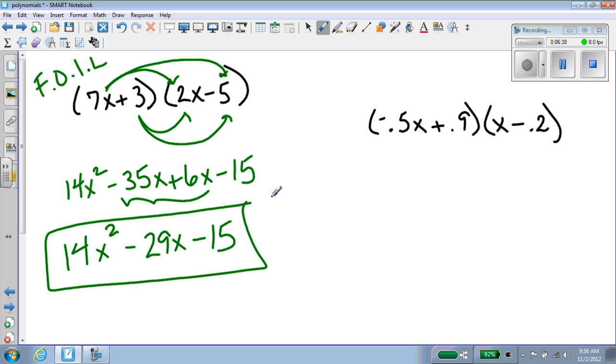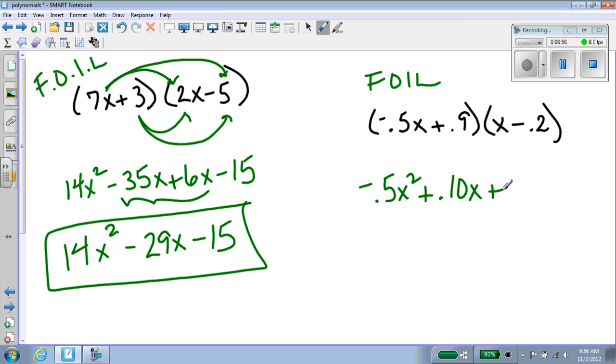Even if the numbers get messy, I can still use first, outside, inside, last. My first terms make negative 0.5x squared. My outside terms make positive 0.10x. My inside terms make positive 0.9x.